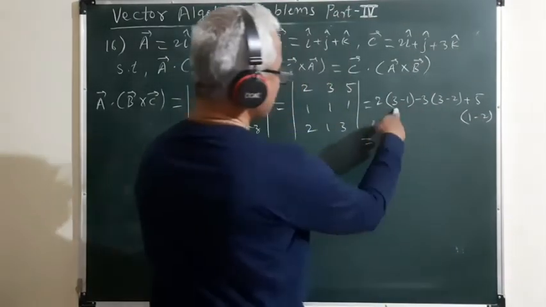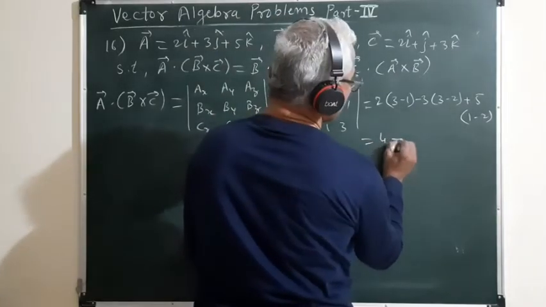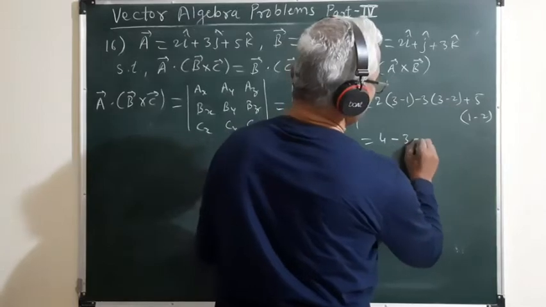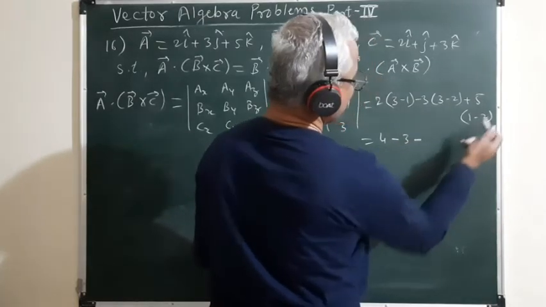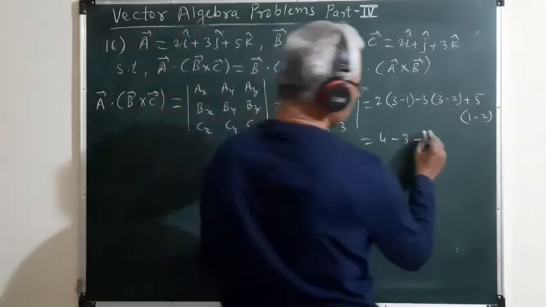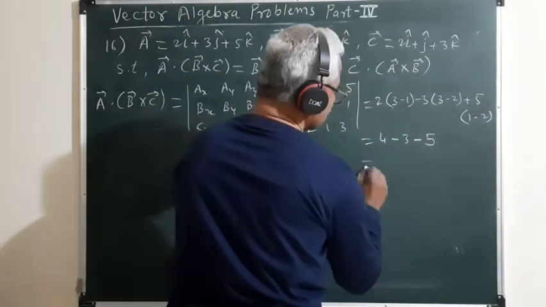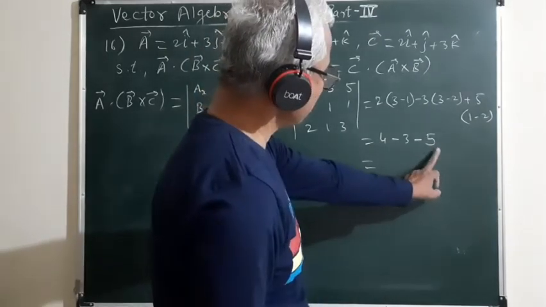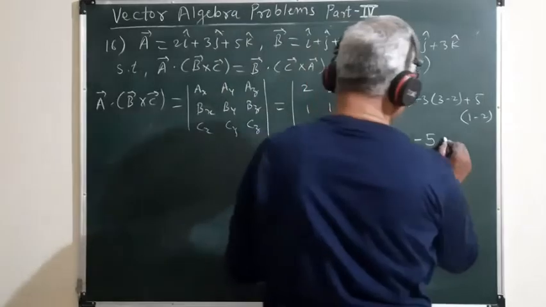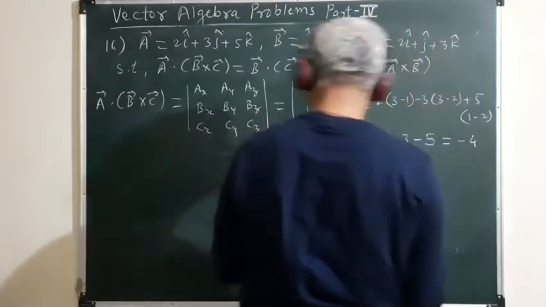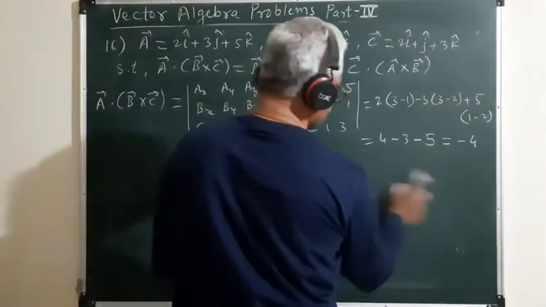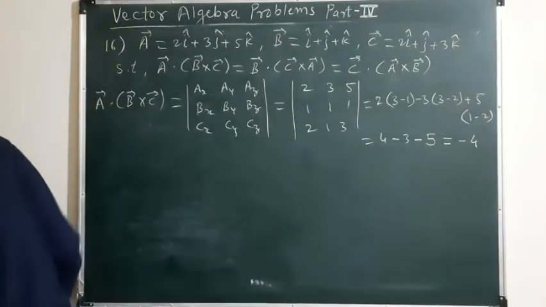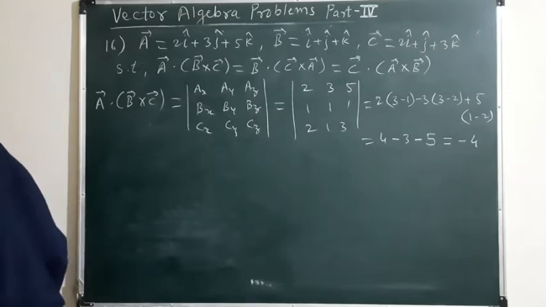So this is equal to 3 minus 1 is 2 into 2 is 4, minus 3 minus 2 is 1 is 3, plus minus 1 minus 2 is minus 1 into 5 is minus 5. So this is equal to 4 minus 3 minus 5, which is minus 8 plus 4 is minus 4. So the first scalar triple product works out to be equal to minus 4.